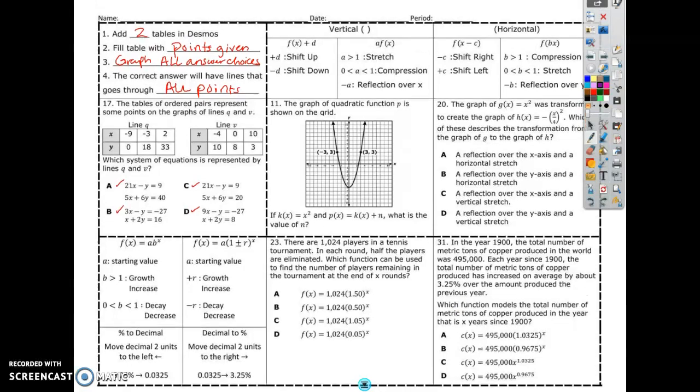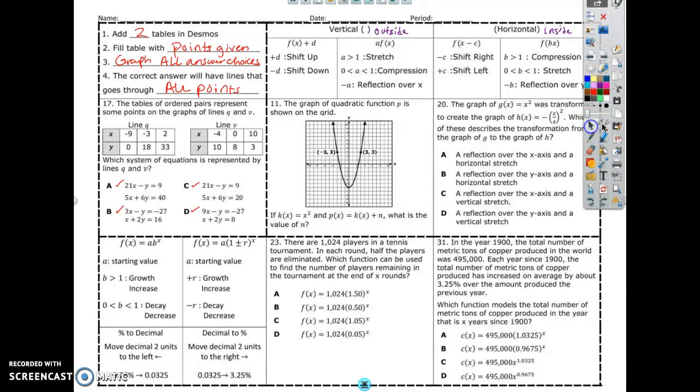And then these notes up here: vertical is on the outside, and horizontal is on the inside. So I want you to use these notes up at the top to do problem 11 and 20. Go ahead and pause the video and do all of those problems, and let's see if we get the same answer.